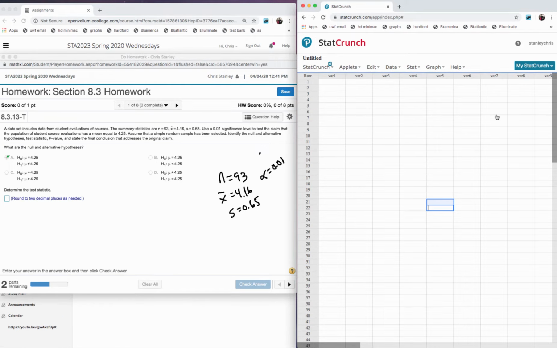And the way you could tell that is by looking at this right here. It's either this or sigma. Sigma is the SD of all in the population. This is the SD of the sample. So they took 93 people and found the standard deviation of those 93 people. Those 93 people are not the population, they're the sample. So this is going to be a T-stat.